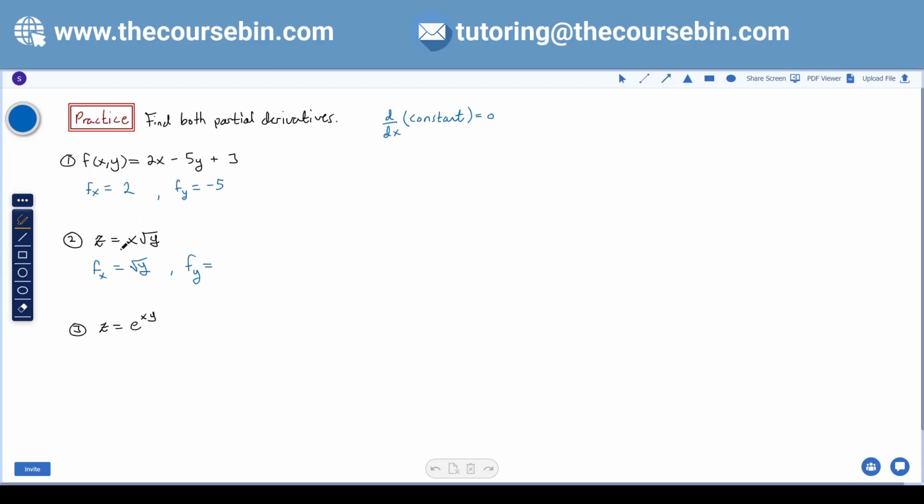No, not x. Is this where we would have to use the product rule? No, because the x is a constant. Right, so try rewriting this with the y as a power, right? So x times y to the power of a half. Right, so you're holding the x as a constant.